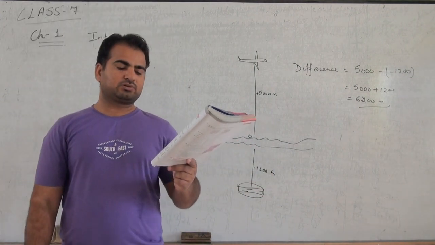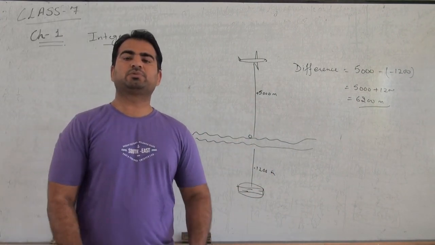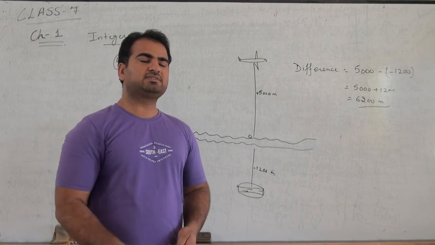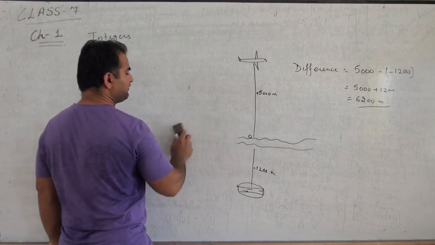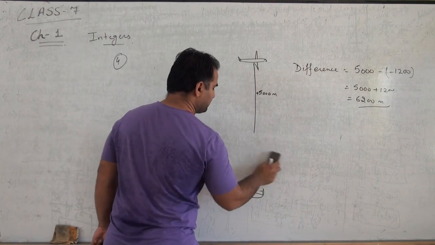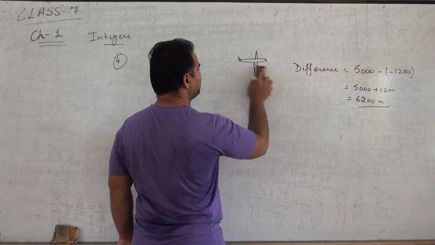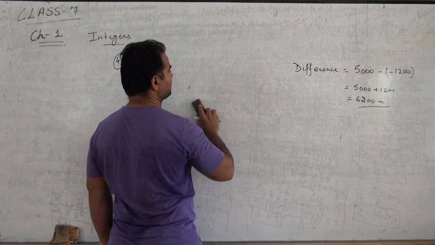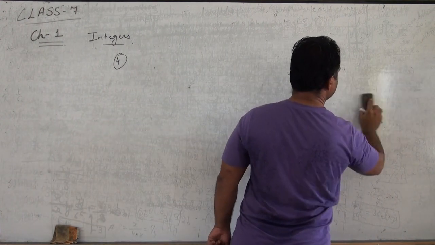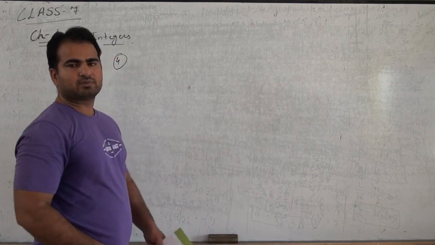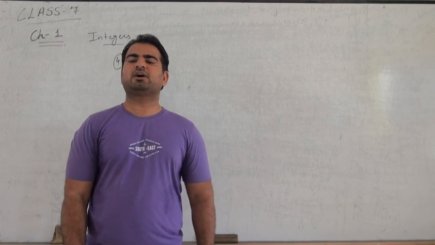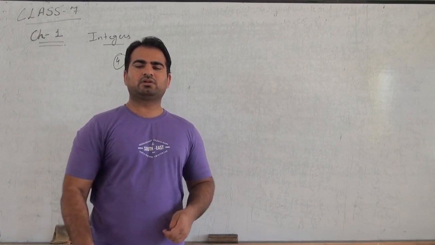Mohan deposited 2000 rupees in his bank. Okay, so in a bank account, when we deposit, the amount gets added there, and when we withdraw, the amount we have taken is subtracted.